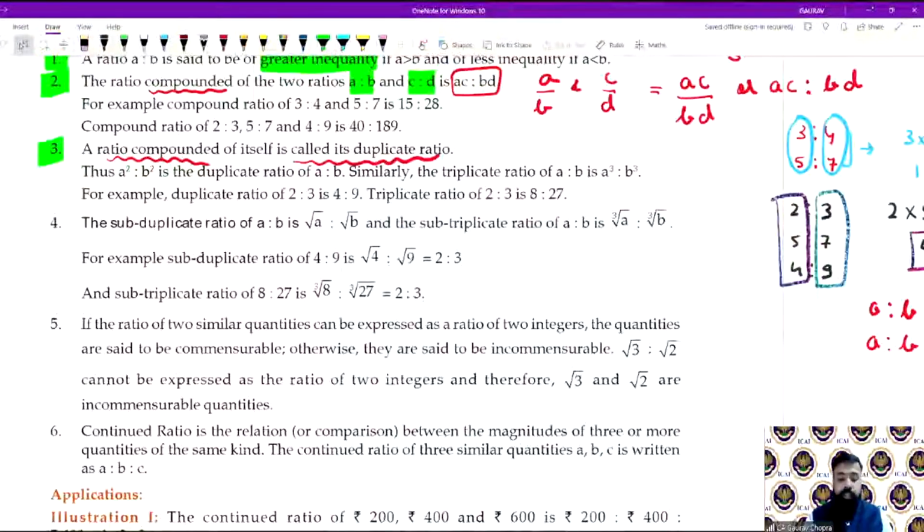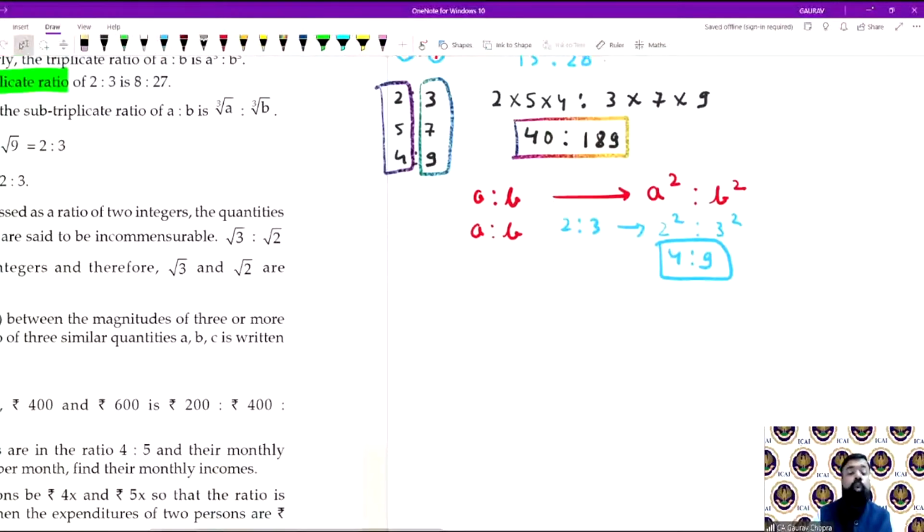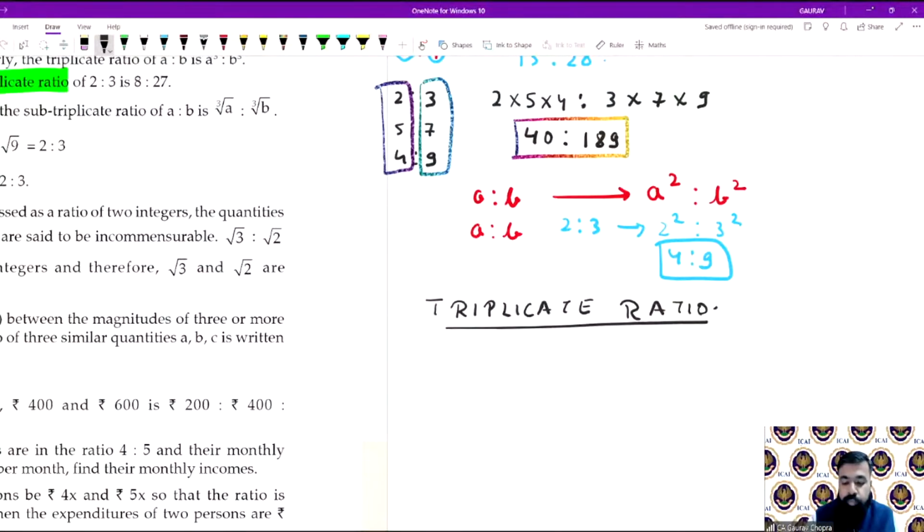So everybody is giving the correct answer, 4:9. So duplicate ratio means we have to do the square. Now similarly, there is triplicate ratio. Triplicate ratio means we have to triple the term, we have to basically cube the terms. So in triplicate ratio, if A ratio B is there and we have to find the triplicate ratio, it becomes A cube ratio B cube.